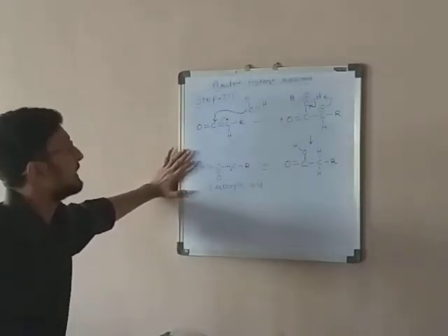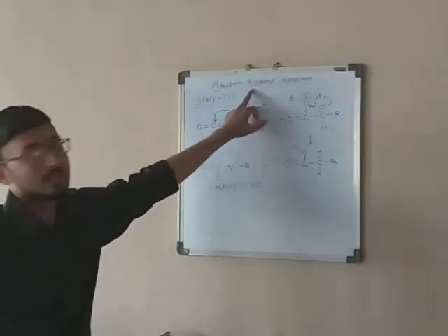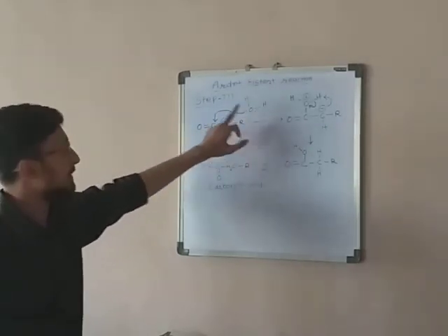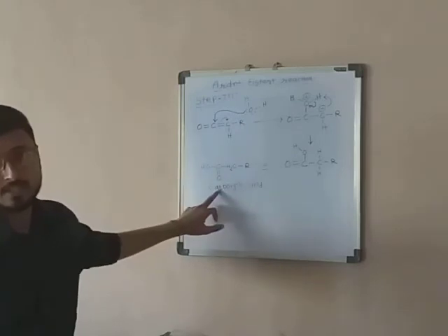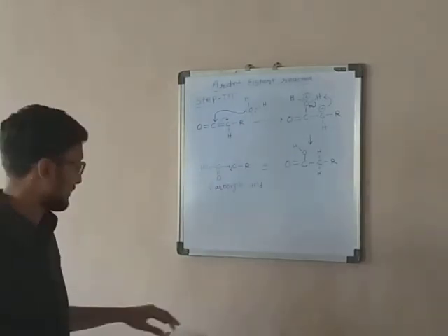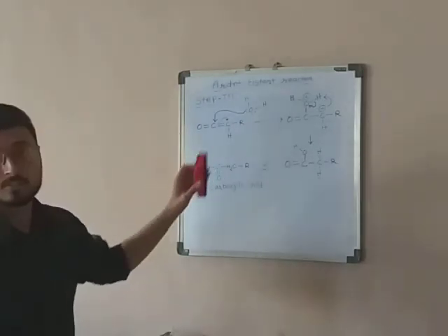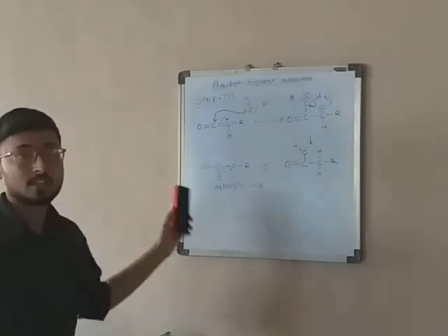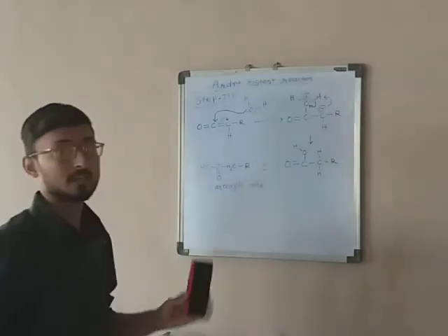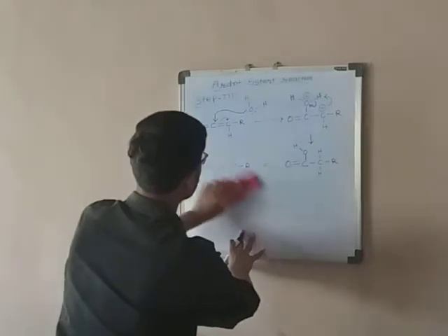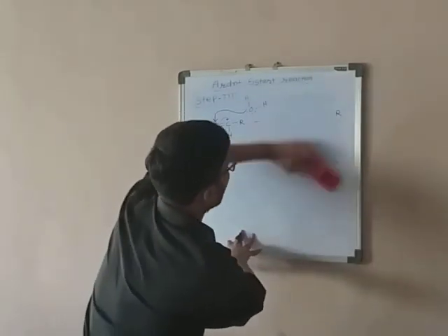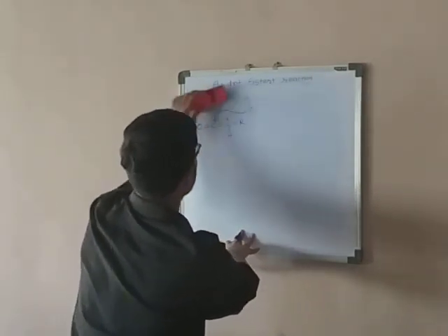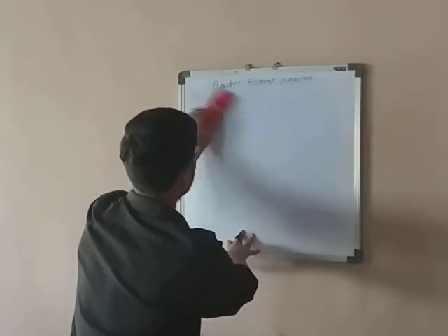But note that here we are using water as a solvent and that's why we are obtaining carboxylic acid as a final product. But there are some other solvents as well, by which we can obtain different products. So let's see how many different products can be obtained by using different solvents.